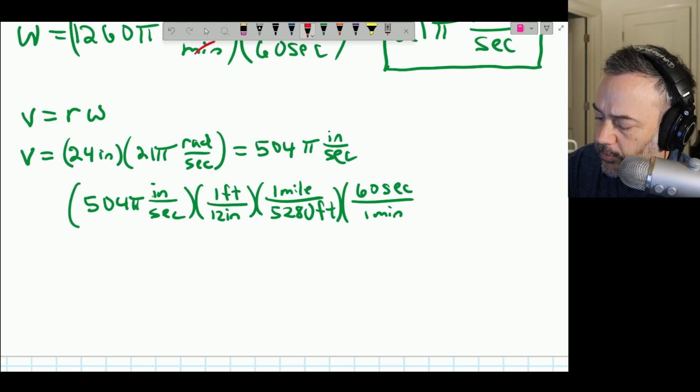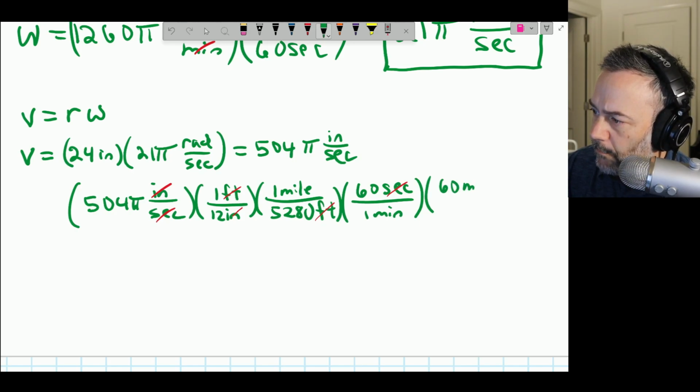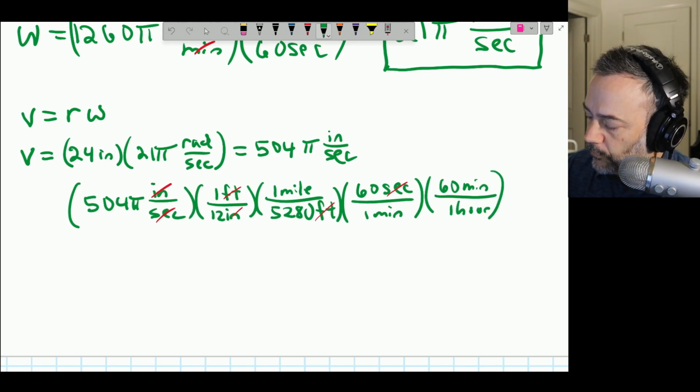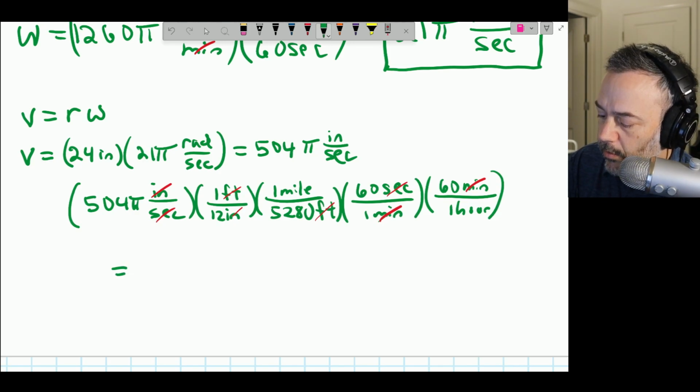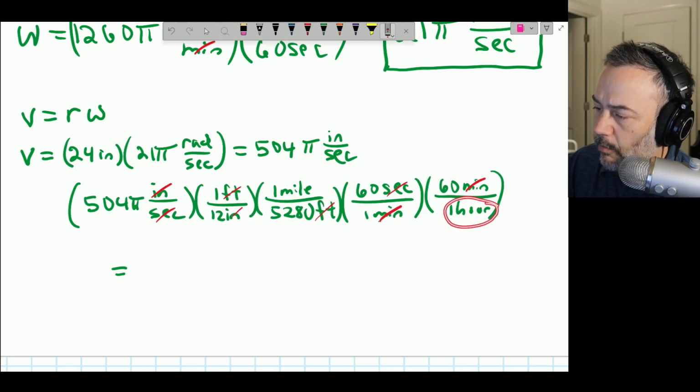Let me just keep track of this. Inches cancel with inches, feet cancel with feet, seconds cancel with seconds. So now we have miles per minute, but we want miles per hour. So we need to convert 60 minutes for 1 hour. And then the minutes will cancel and we will be left with miles per hour.